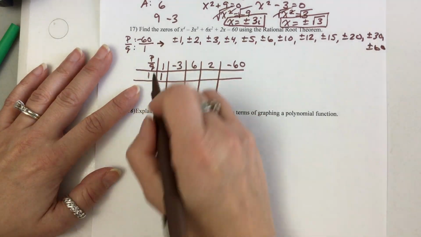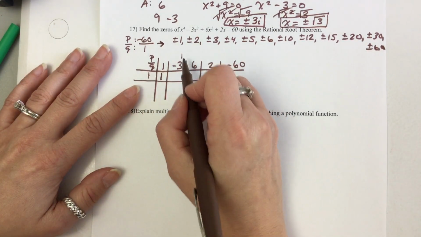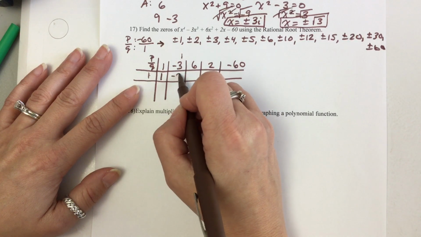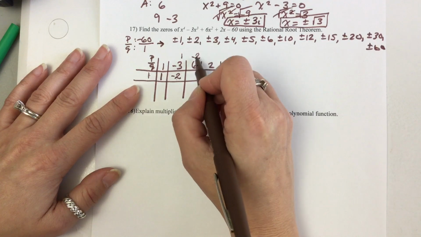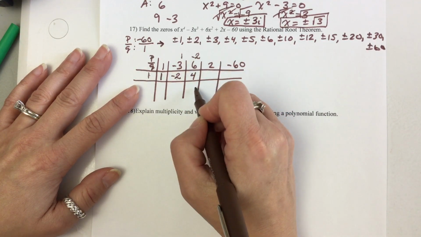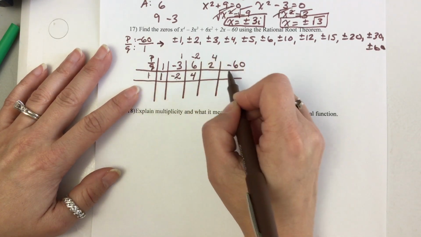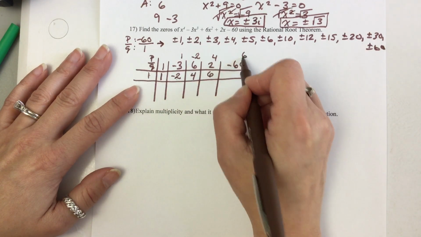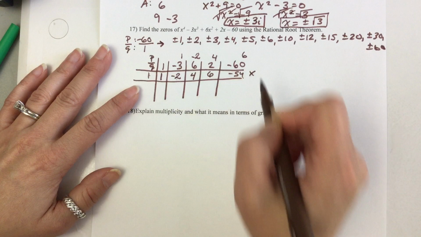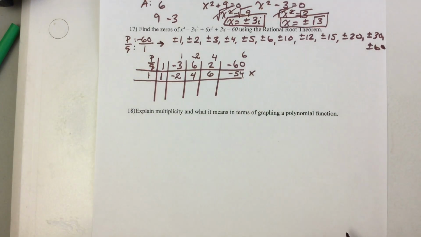Carry down the first term. 1 times 1 is 1. 1 plus a negative 3 is negative 2. Negative 2 times 1 is negative 2. Negative 2 plus 6 is 4. 4 times 1 is 4. 4 plus 2 is 6. 6 times 1 is 6. Negative 54.